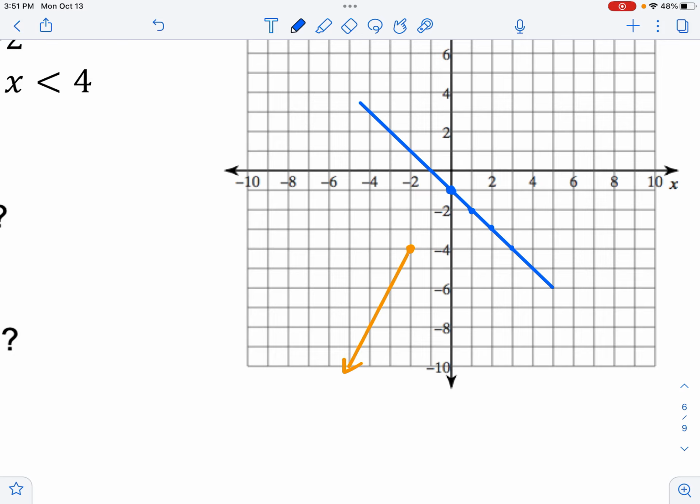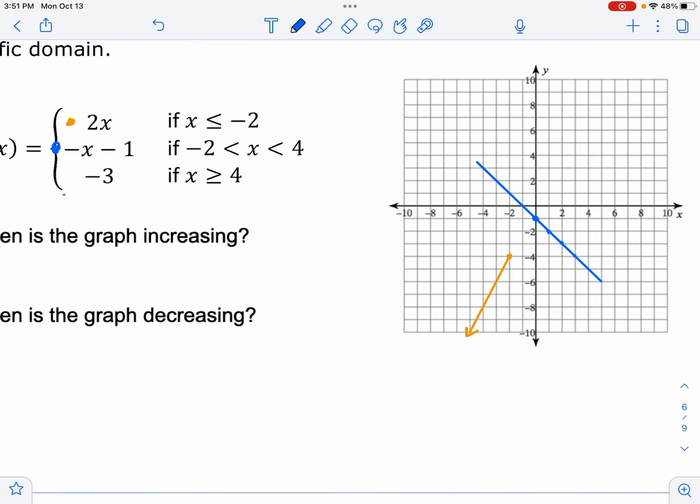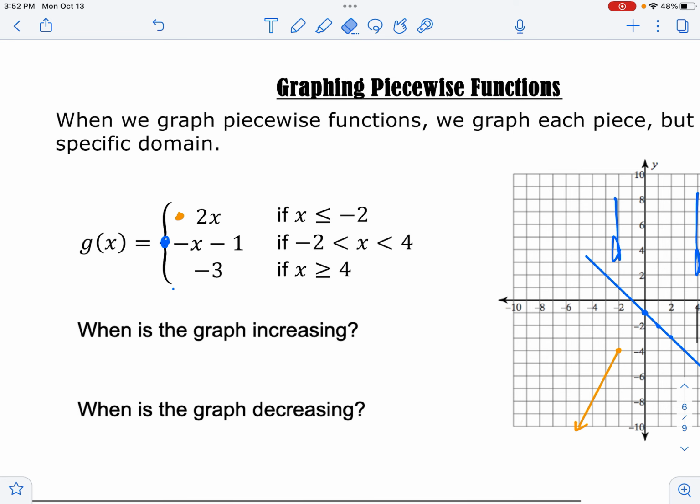All right. Now I'm keeping it between negative 2 and 4. So negative 2 and 4. I want to keep everything in between those 2 lines. So I'm going to erase there, and then 4, anything past 4.